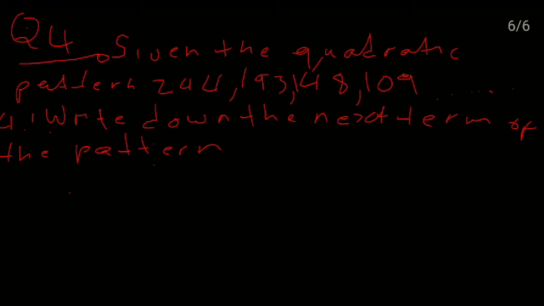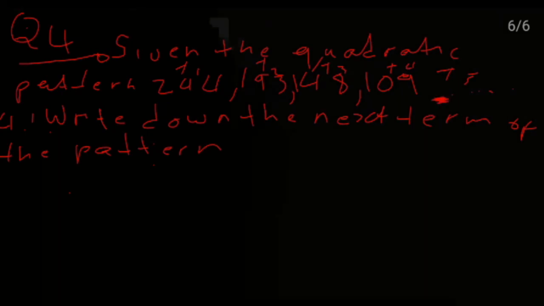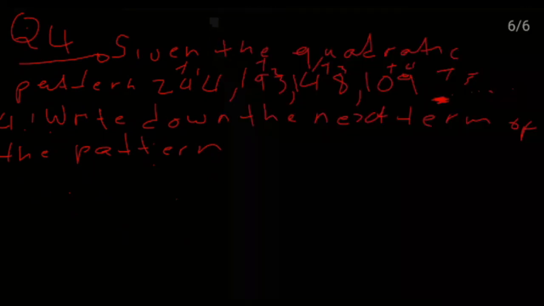Meaning if this is term 1, this is term 2, this is term 3, and this is term 4, they want us to write down the next term, which is term 5. So they want us to find the value for term 5, right?